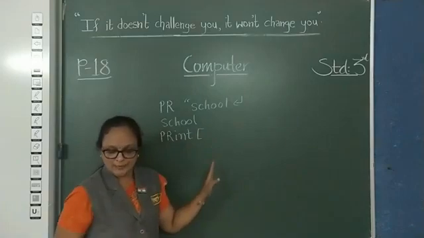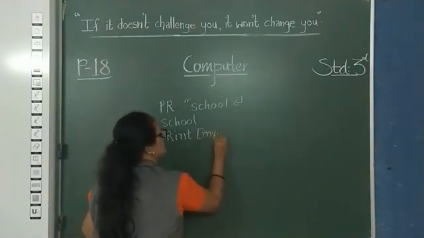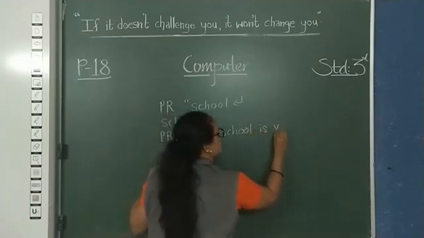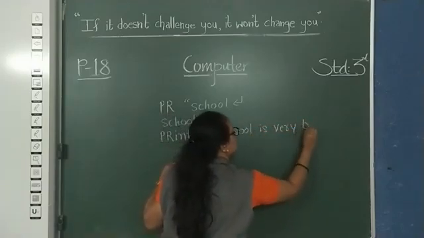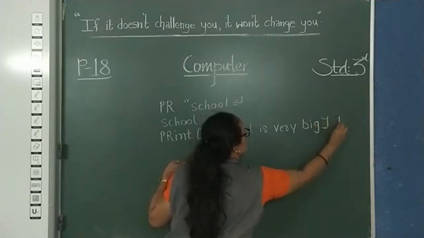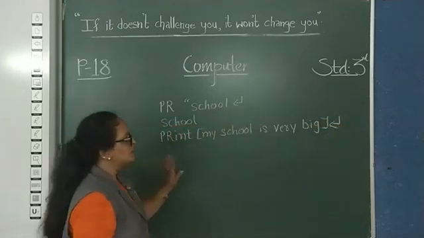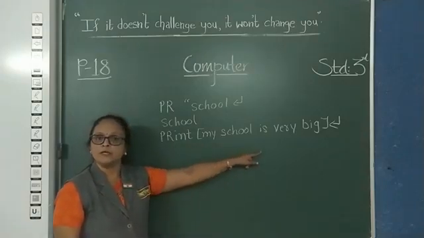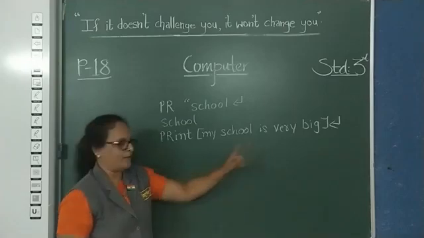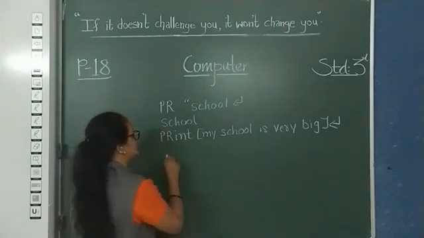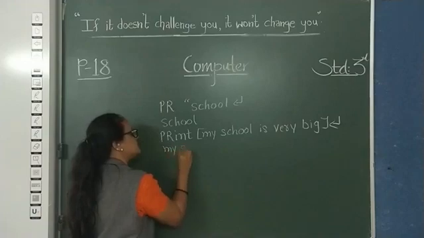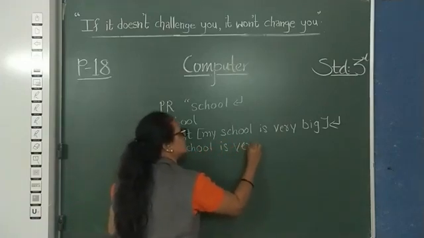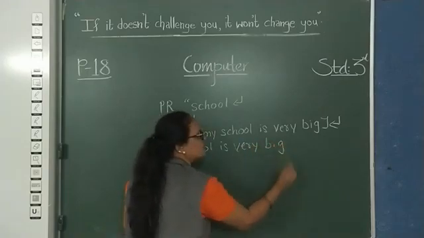So we are going to type the sentence. Okay, this is the second rule of sentence. Always sentence should be enclosed within the square bracket, and then you will get on the next line again the same sentence. My school is very big.